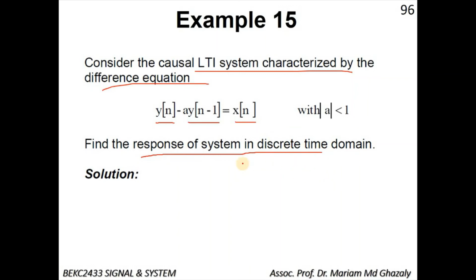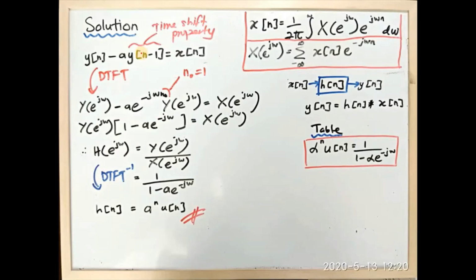So it means that to find the response is to find h[n] in discrete time. If you look at the question here, you have y[n] minus a y[n minus 1] equal to x[n]. And you see here that this one is actually the shifting property.